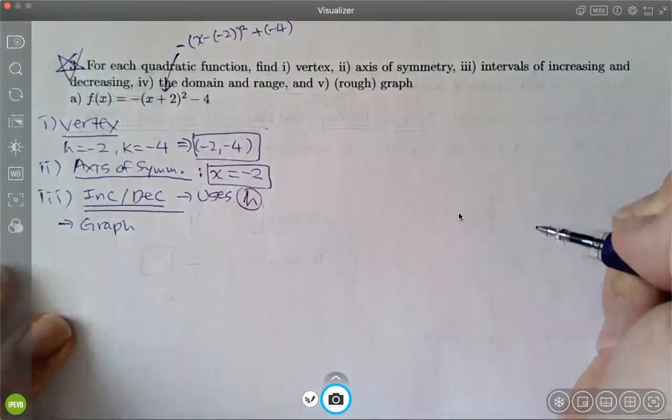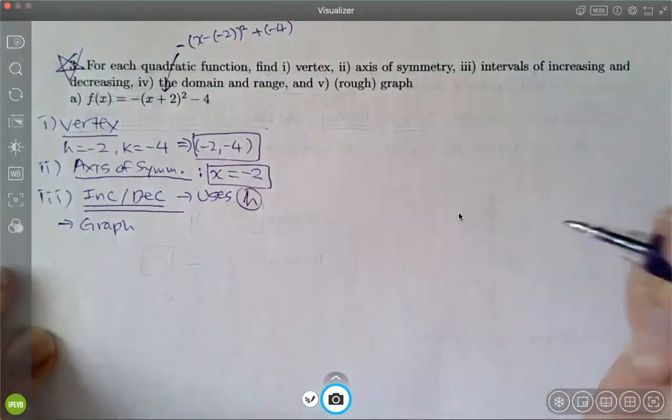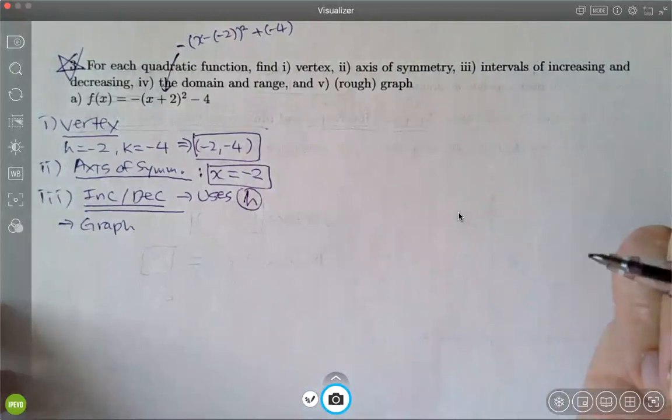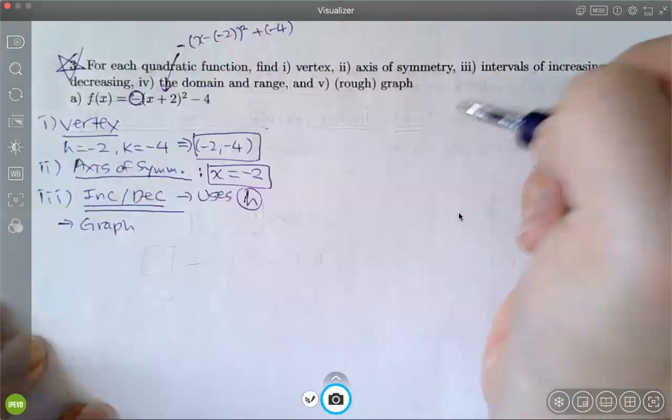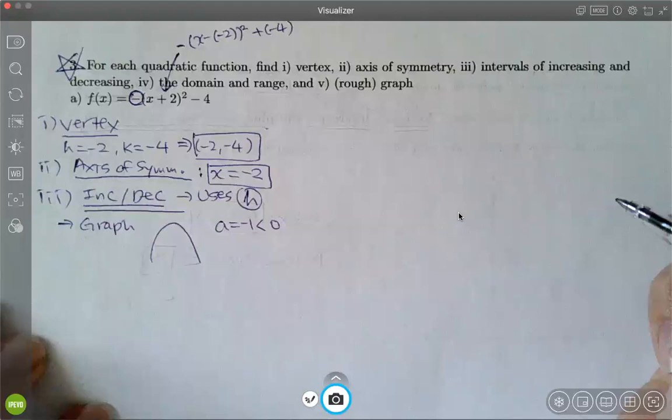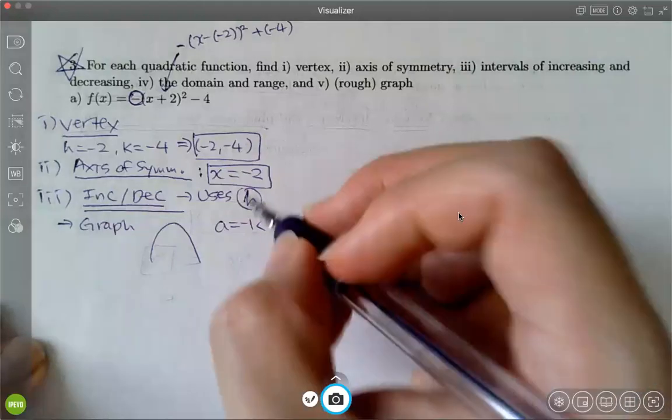Okay, so now we know h is equal to -2, so that's not a problem. Do we know how the graph looks? Opened where? Down, yes. And what's the reason? Because your a is negative, which is -1. Okay, and now where is -2, which is the h value? Here, right?